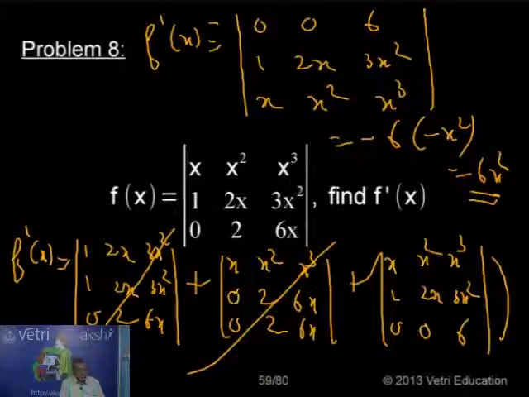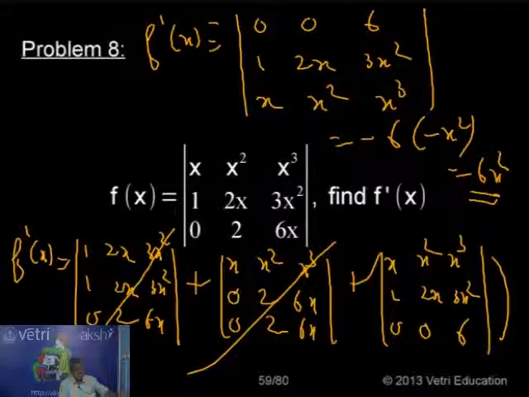In the second determinant, keep the first row and third row as they are. Differentiate the elements in the second row alone. In the third determinant, keep the first row and second row as they are. Differentiate the elements in the third row alone. We expand all the 3 determinants. That gives the correct f dash x.